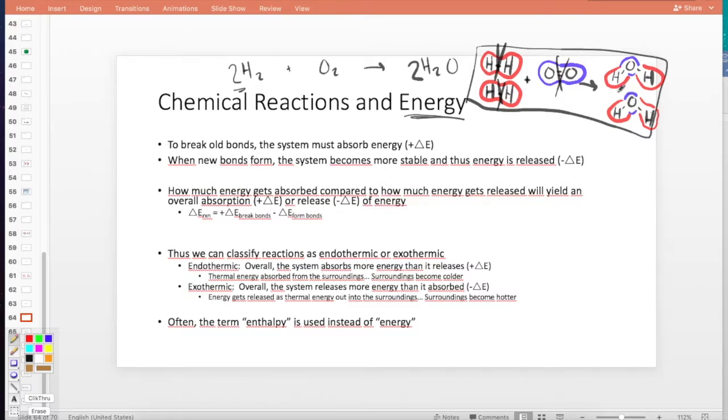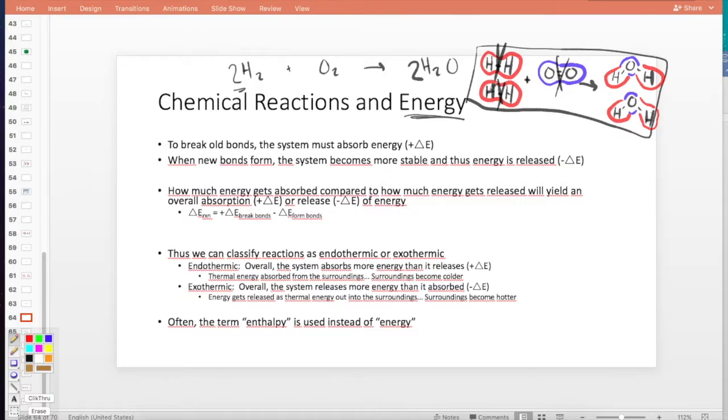of water. So old bonds are broken and new bonds are formed, and whenever that happens, we have changes in energy. What happens energetically to the system? This is my system. What happens whenever old bonds are broken? Does the system require that energy is put in, or does the system release excess energy to break old bonds?